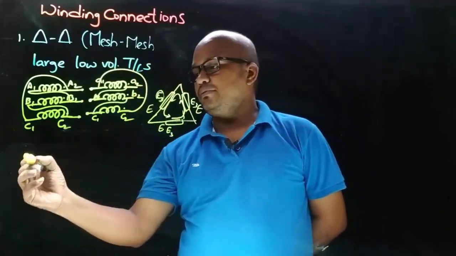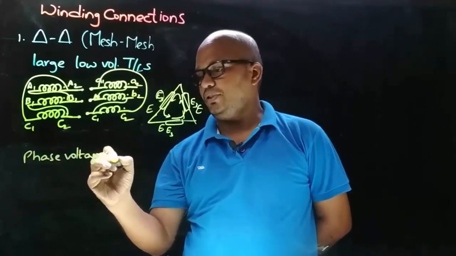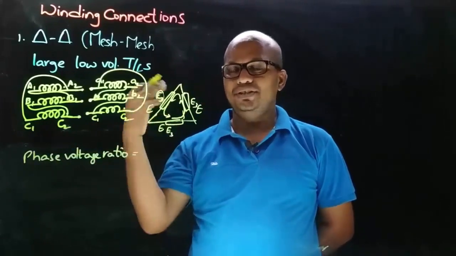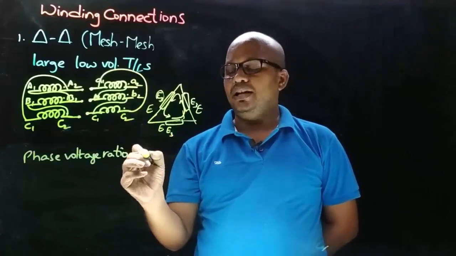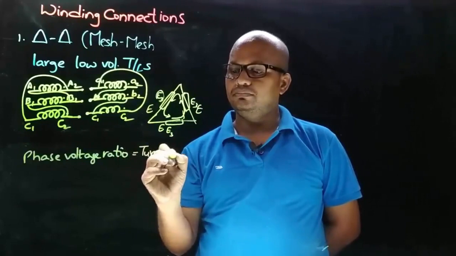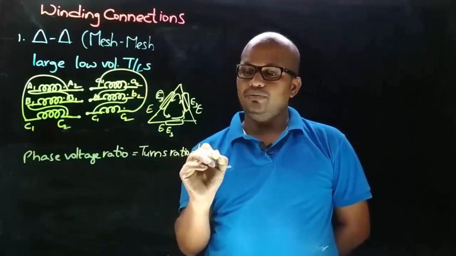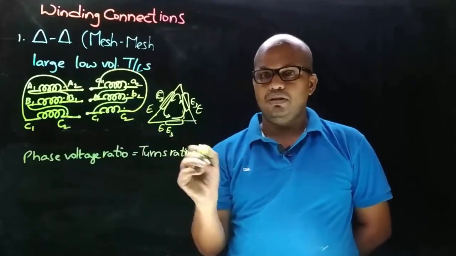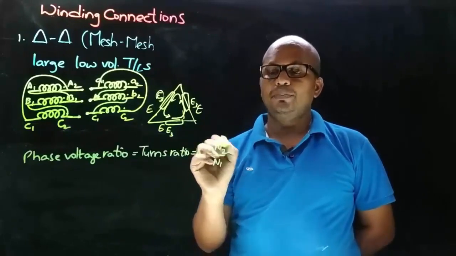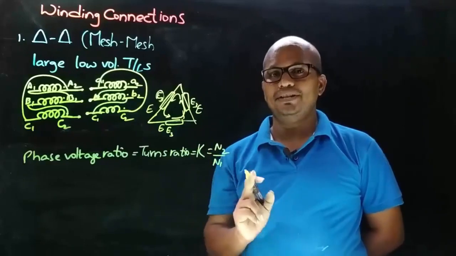Now let's discuss the phase voltage ratio, which is the same as that of the single phase transformer, and which can be taken as equal to the turns ratio, represented with K, equal to N2 by N1, where N2 represents the secondary side turns and N1 represents the primary side turns.